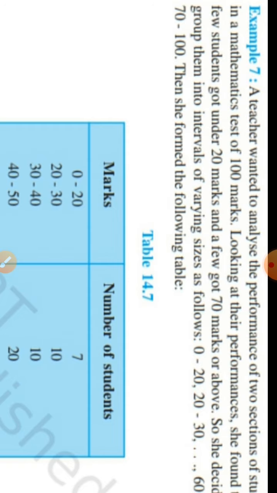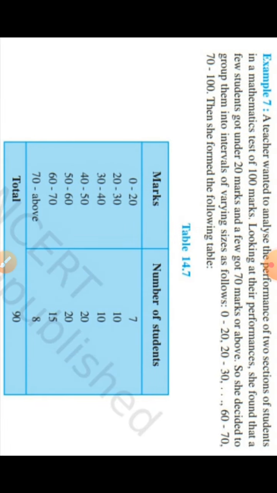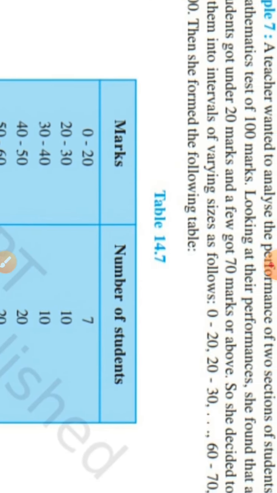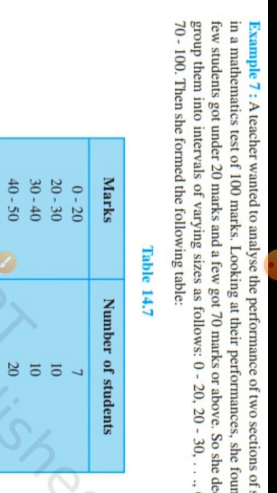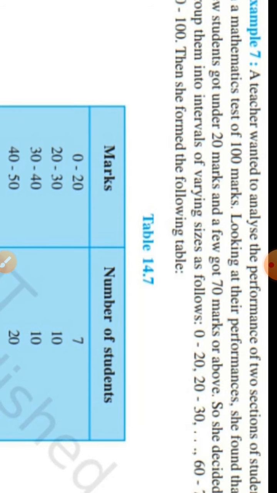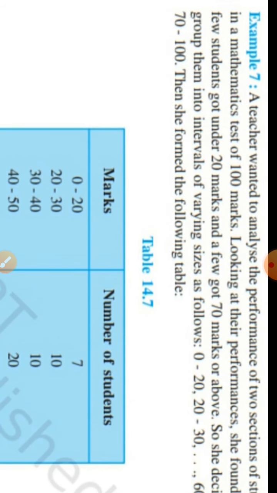So a 100 marks test is taken. Now, looking at their performance, she found that a few students got under 20 marks and a few got 70 marks or above. So she decided to group them into intervals of varying size.